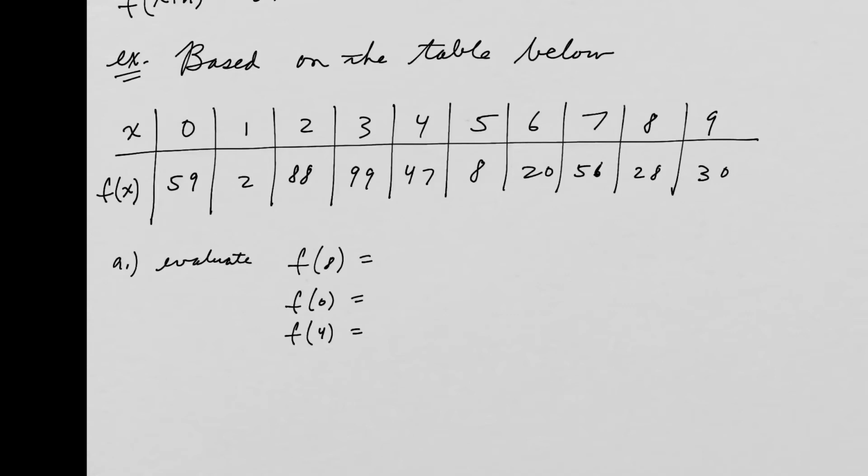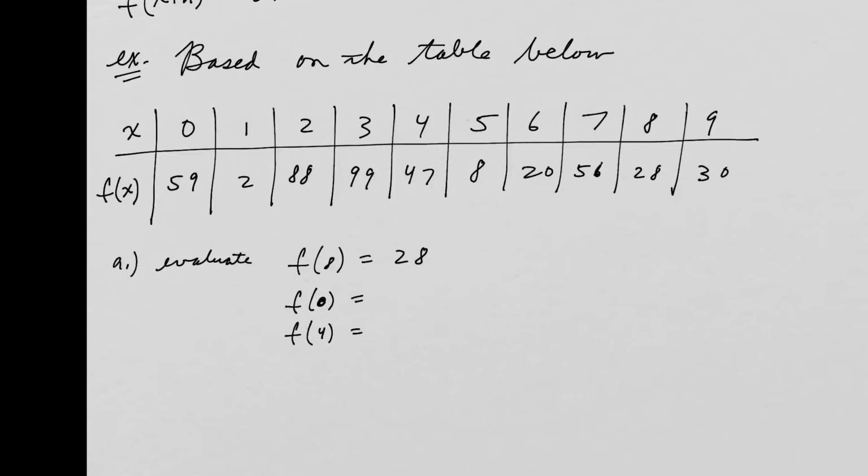Okay, so to do this, right, remember what f of 8 means. 8 is the input, and then f of 8 would be the output, right? So I go to the table. I go where the input is 8, so that would be right here. Input is 8, and the output is 28. So this must be 28. If I want f of 0, I go to the table.